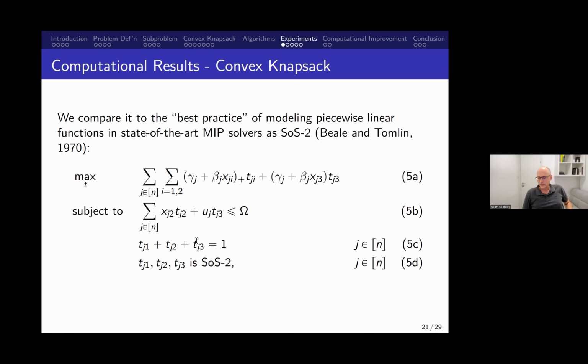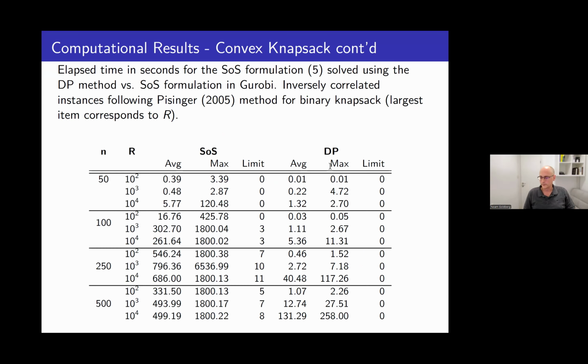So we do this basically in Gurobi. We formulate the model in Gurobi, and then we compare our dynamic program to the SOS model formulated in Gurobi, and you can see that even for a magnitude of the parameters that is quite large, we could try even larger, but if they're quite large, we do much better compared to the specially ordered set approach and MIP.